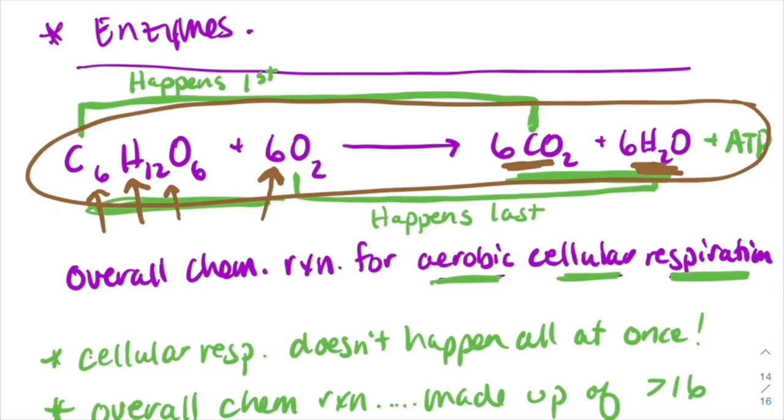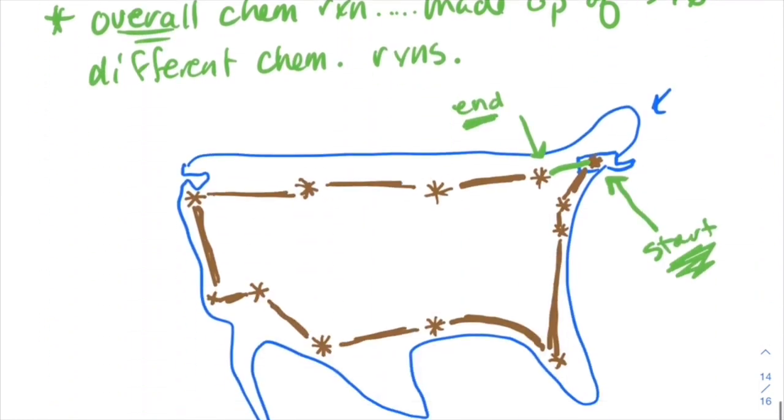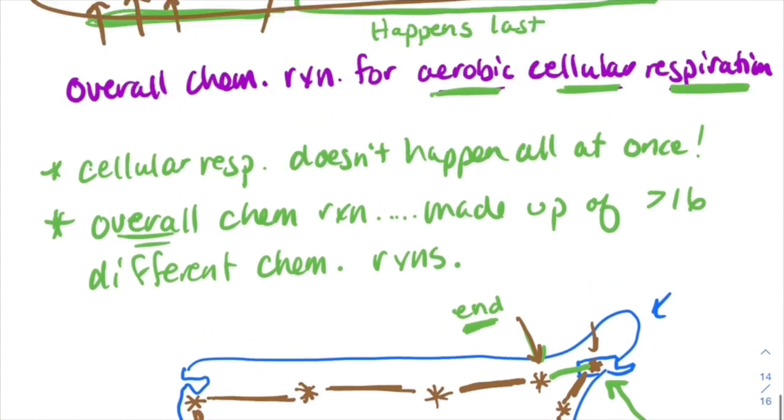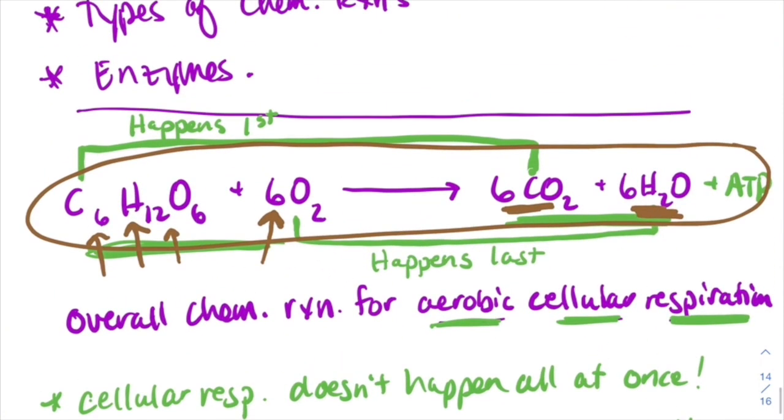But we won't get any ATP. So taking the shortcut going from Holyoke directly to Cooperstown is like going the short way, but you don't get any fun out of it. If the cell did that with breaking down glucose, it wouldn't get ATP out of it.